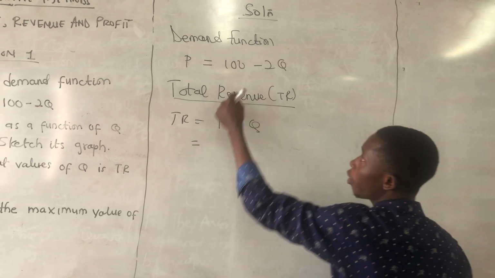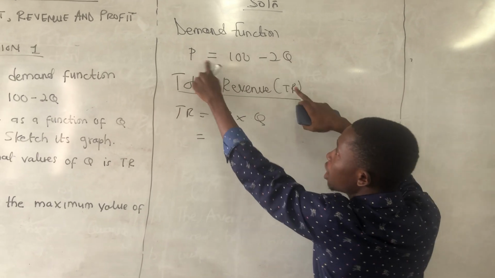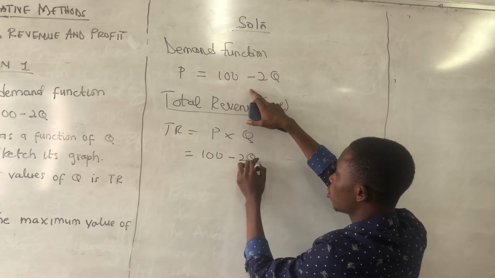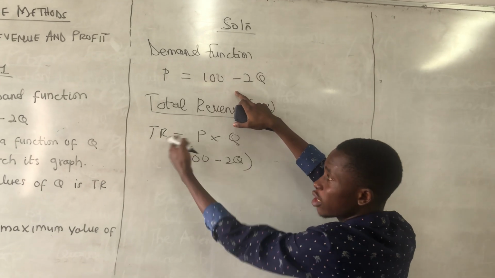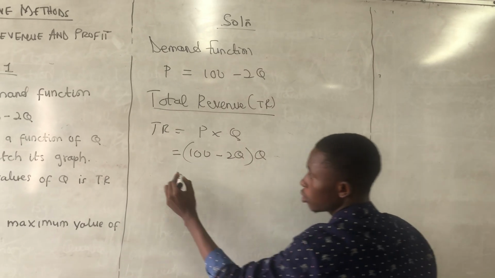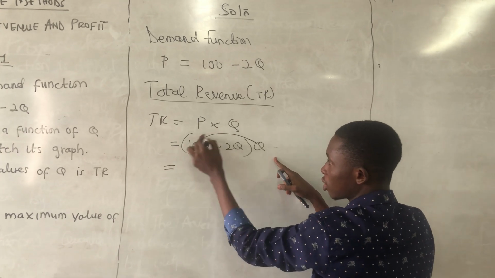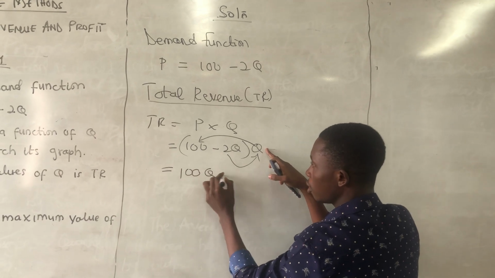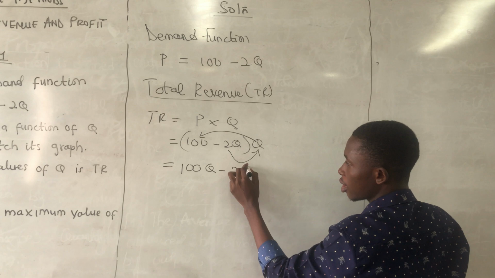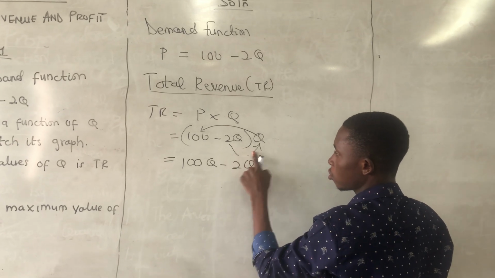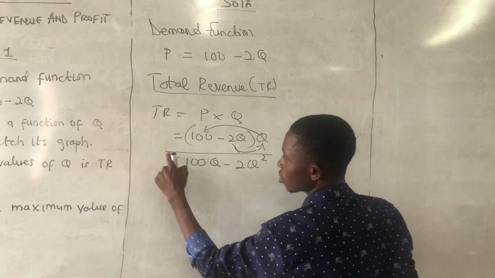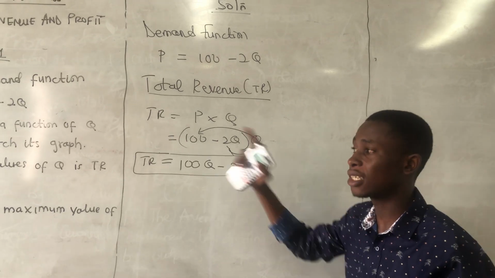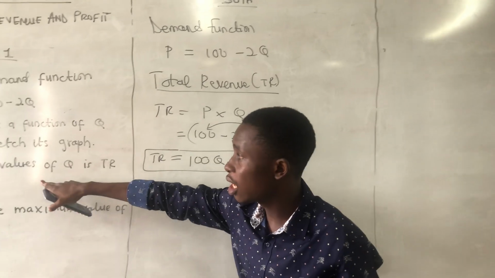We already have a price function, so where P is, we put 100 minus 2Q. Don't forget there was a Q, because total revenue is price times quantity. So we now have this times Q: 100 times Q is 100Q, and negative 2Q times Q gives us negative 2Q squared. This becomes our total revenue function. Now, let's move to the A part of the question.